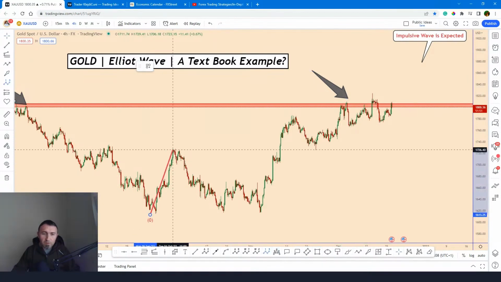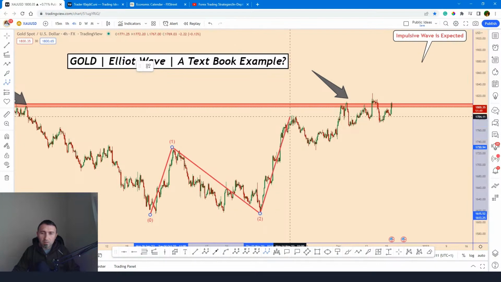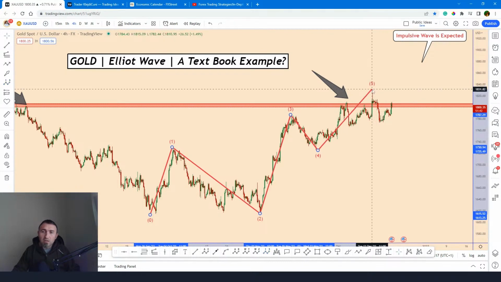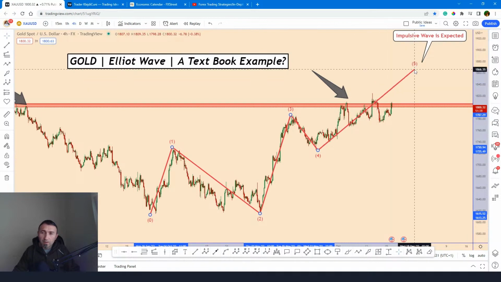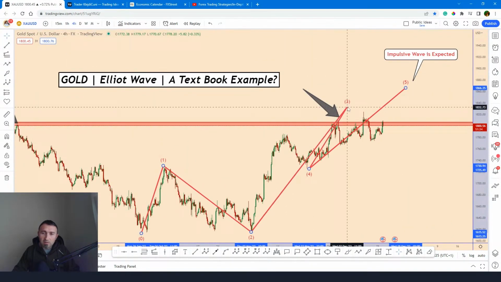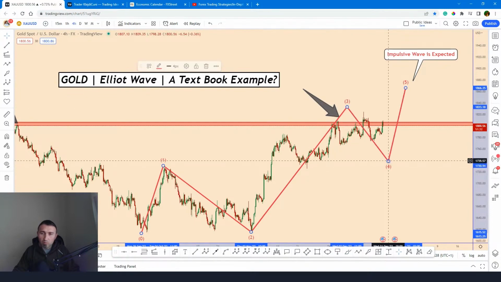For the bigger picture, we can see these waves that the price is creating. At the beginning, I was looking at this potential wave development, but as we can see, price created something in a different way.